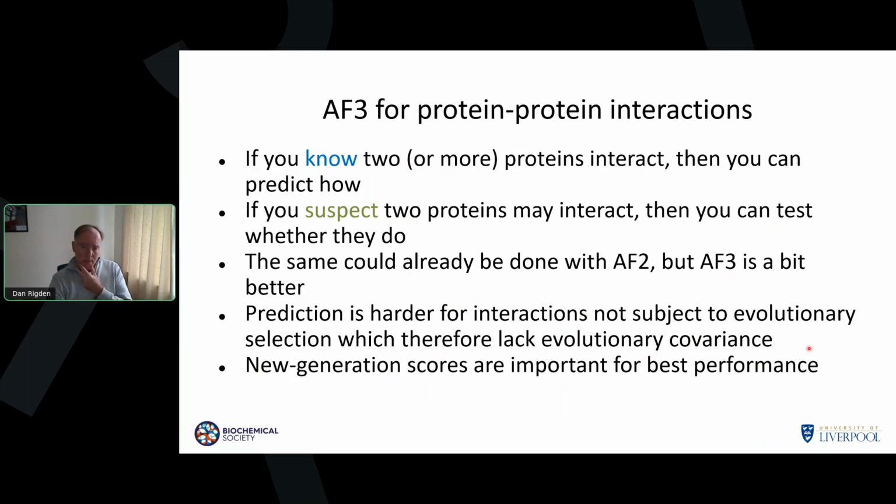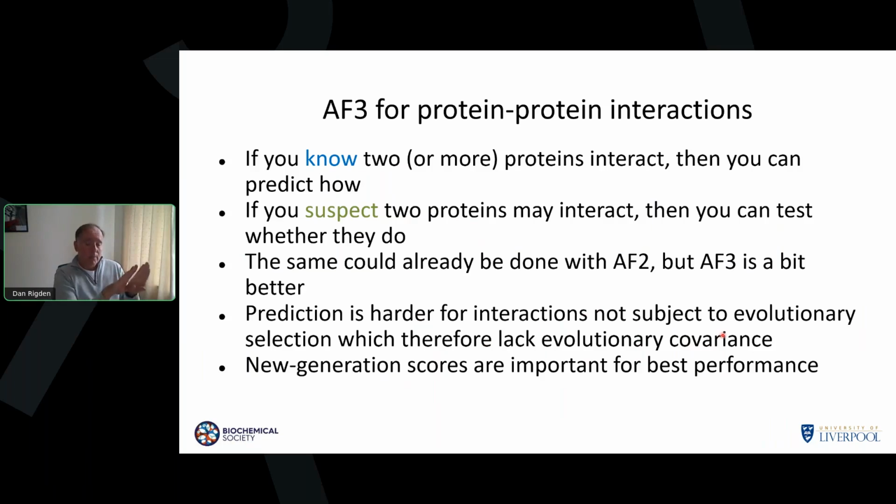And then we'll come on to this. This works particularly well for cases where the two proteins have co-evolved and where there's evolutionary pressure to maintain that interface. If the function of proteins A and B is to interact with each other, then you can extract that evolutionary covariance information that we talked about before.